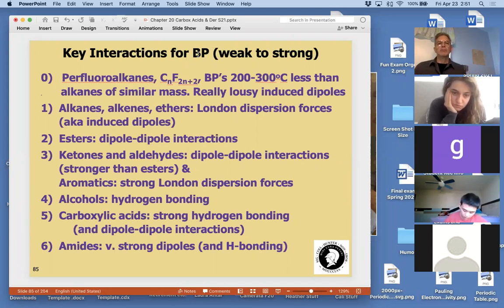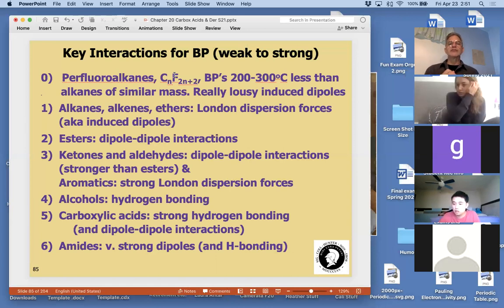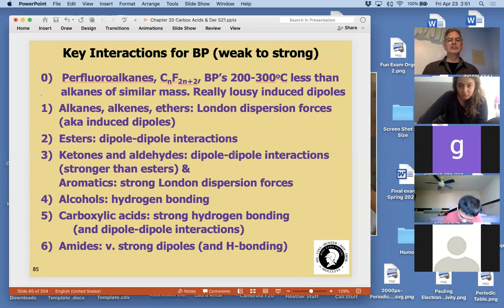But perfluoroalkanes are extremely volatile because fluorines have those electrons held so tightly, they make terrible London dispersion forces. So now we have different strengths of London dispersion forces. The ones the fluorines interact in, the ones hydrogens interact in, and the ones pi clouds, aromatic clouds interact in. So London dispersion forces all vary from very weak to pretty strong.